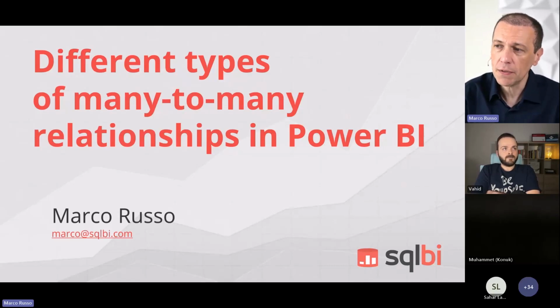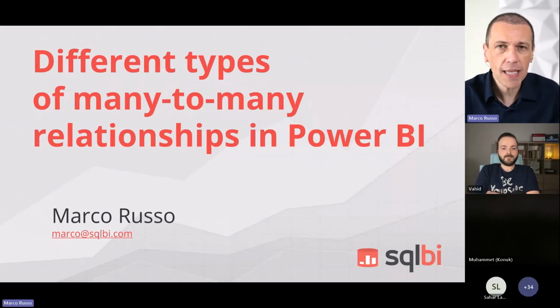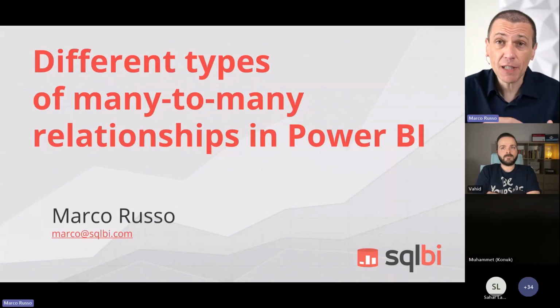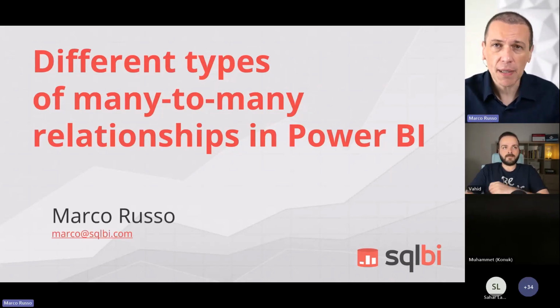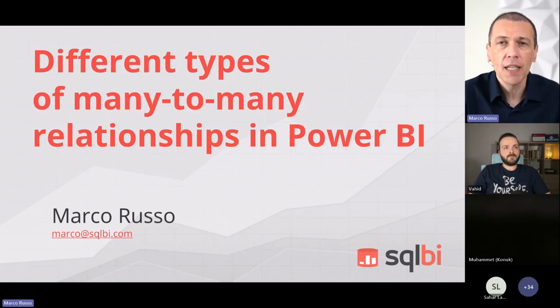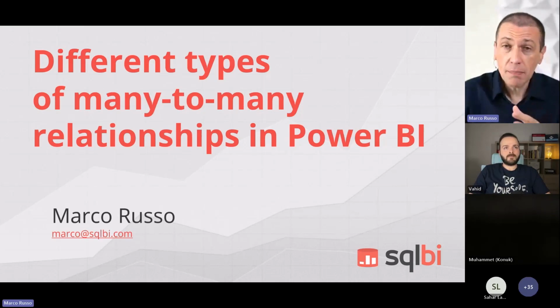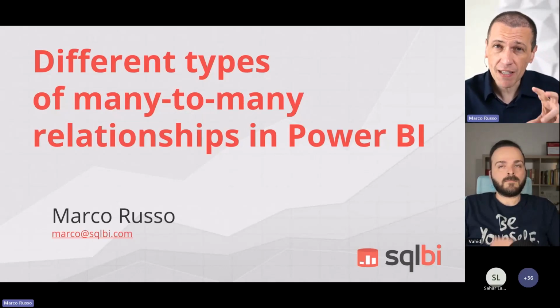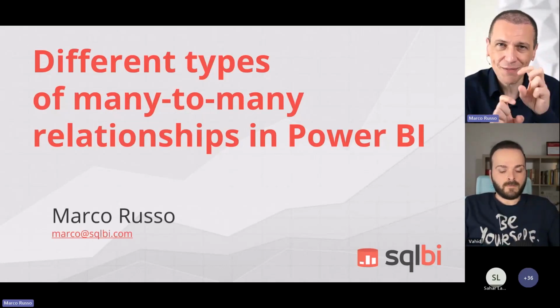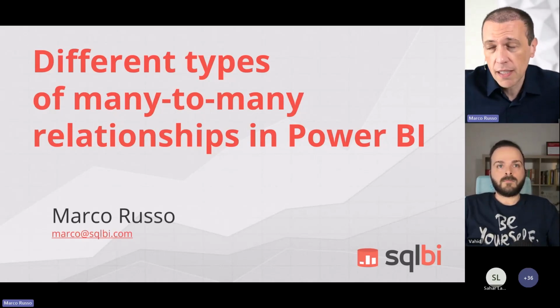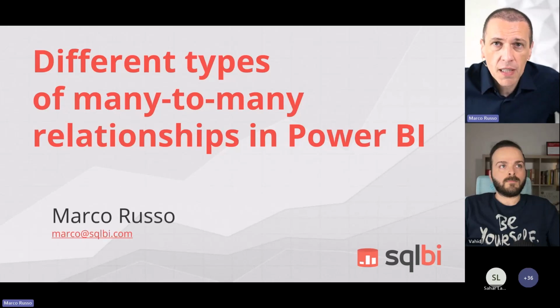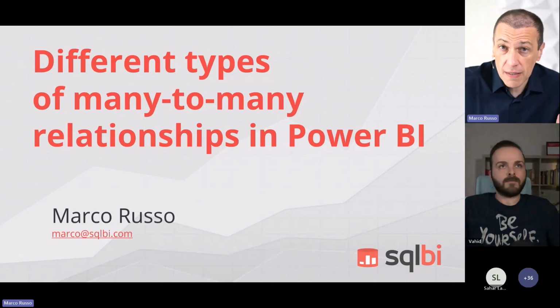My goal is to make you aware of the different types of many-to-many relationships that we have, because sometimes this is confused with features that we have in Power BI, but in reality, in the data modeling world, sometimes the many-to-many relationship is something else that doesn't match exactly one-to-one with the feature we have in Power BI. Actually, these are two different things and they are both useful in different scenarios. So we're going to see how this works.